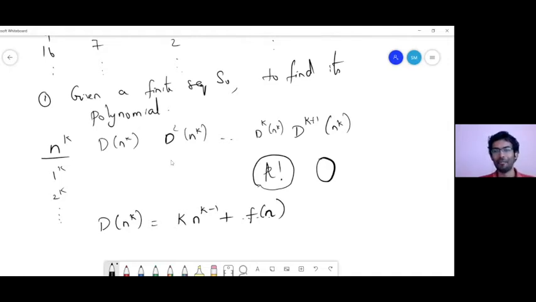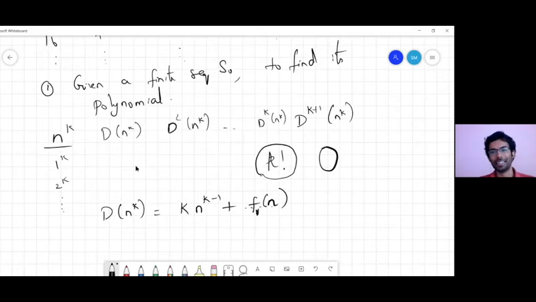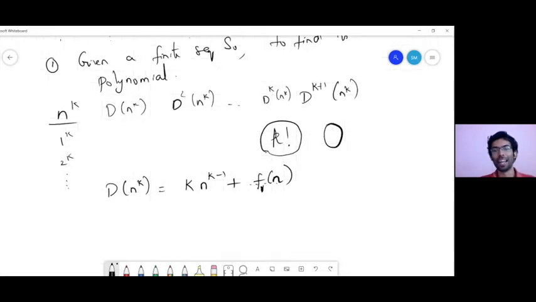We'll just write it as f1 of n. So this is a clue. And how did we get this first term? d of n power k, the first order difference of n power k, is basically n plus 1 the whole power k minus n power k.